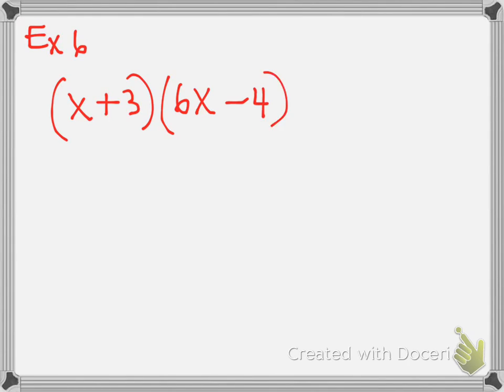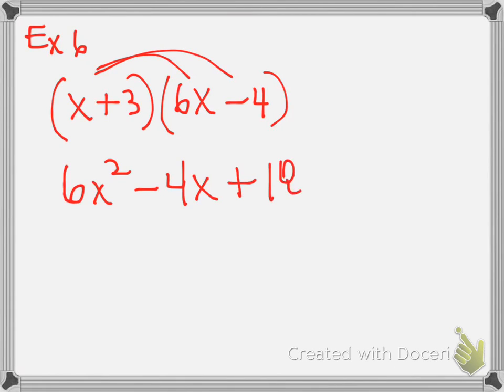Here's example 6. Two binomials, x plus 3, 6x minus 4. Okay. 6x squared minus 4x plus 18x minus 12.